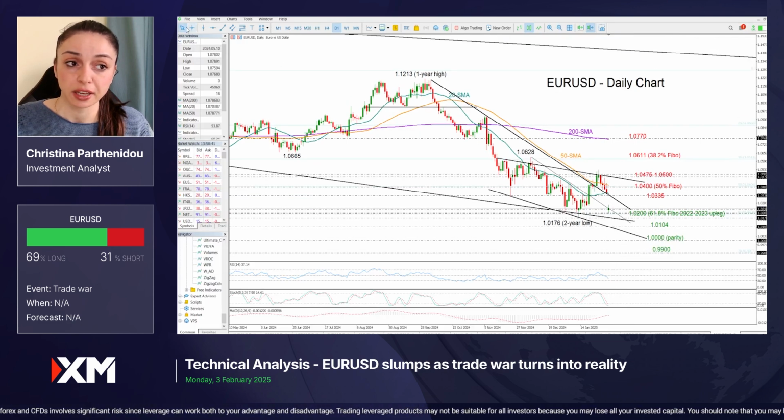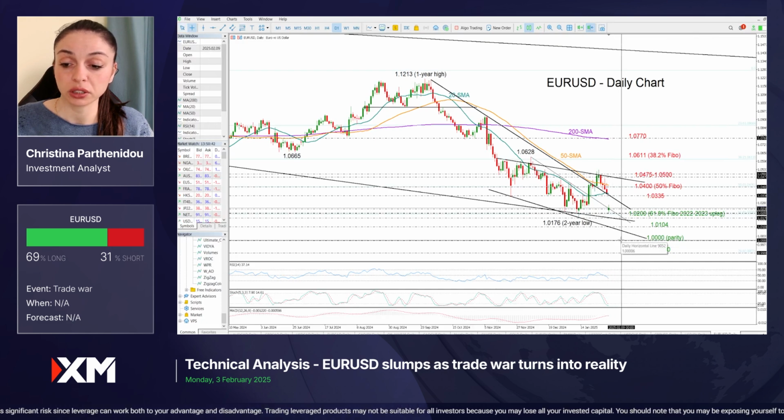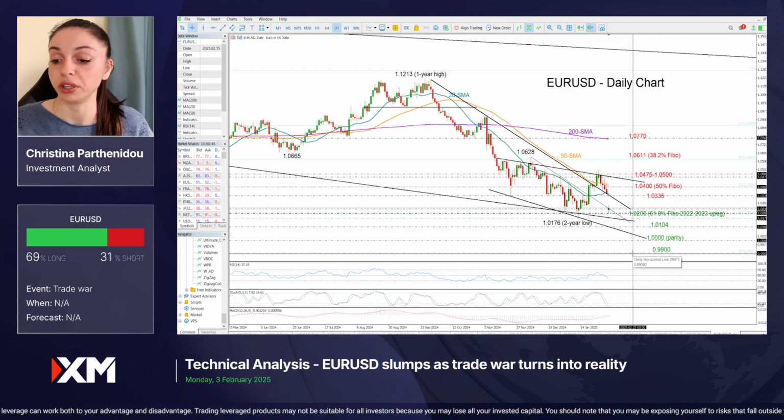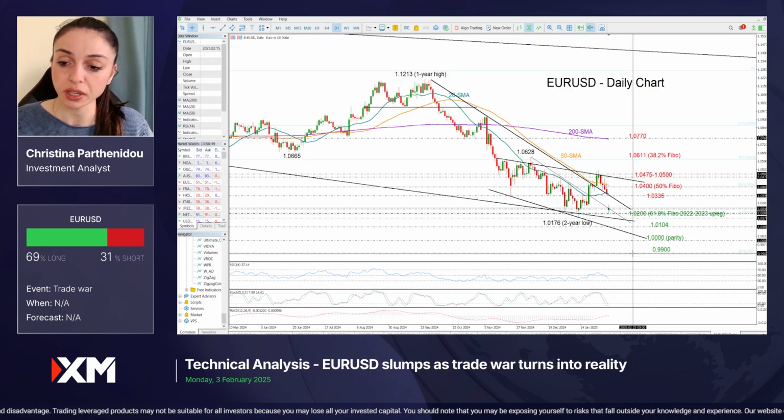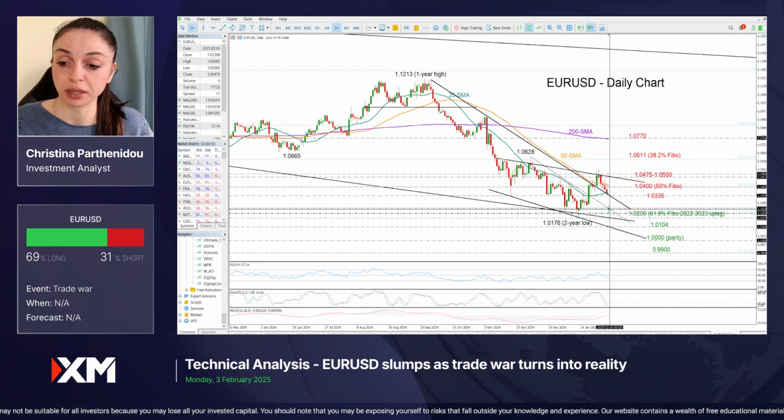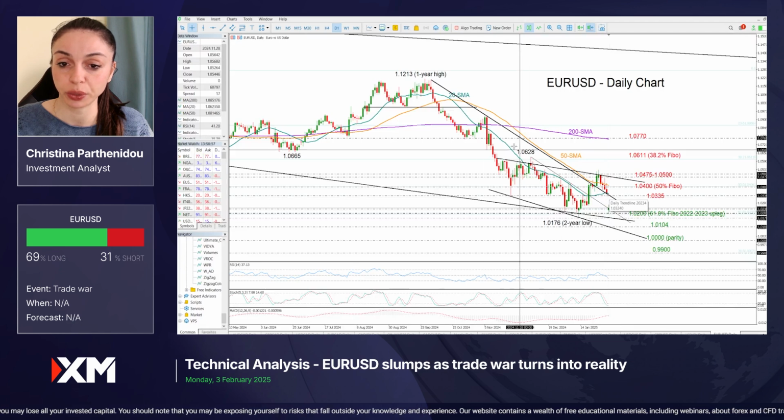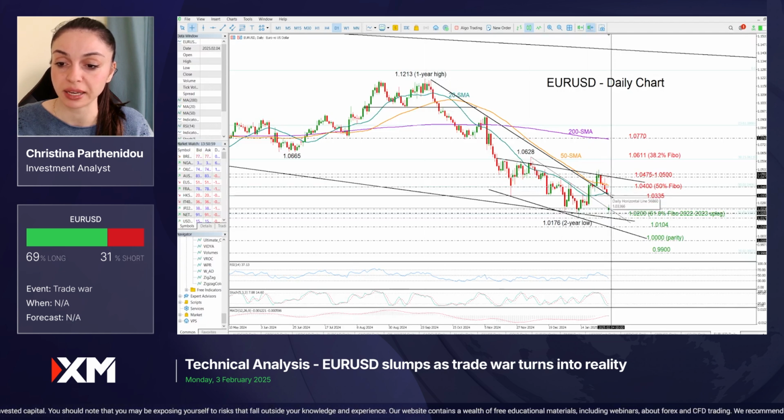And if that also fails to hold, probably the next target could be the 0.99 number. Now, in the event of an upside surprise, of an upside break, we could approach the 1.0335 territory, where this resistance trend line is placed.